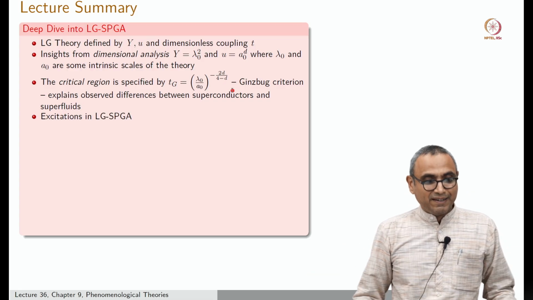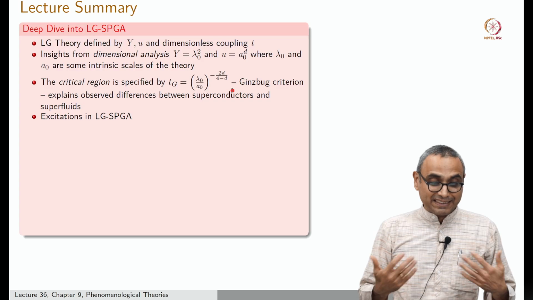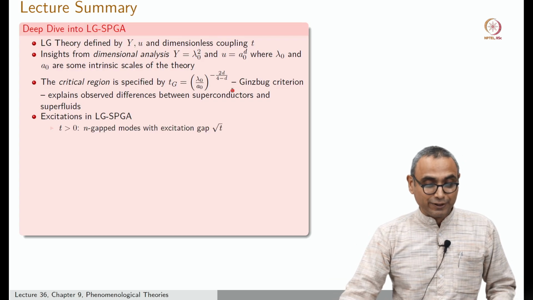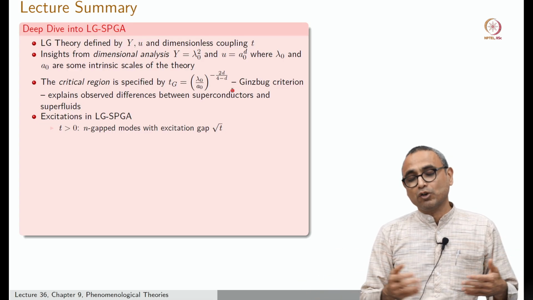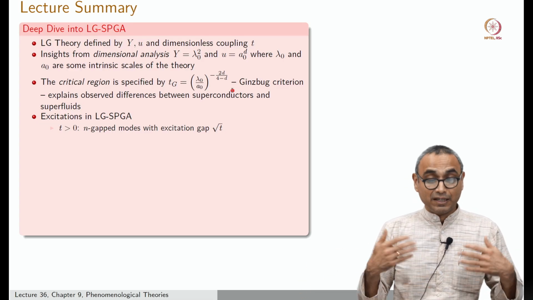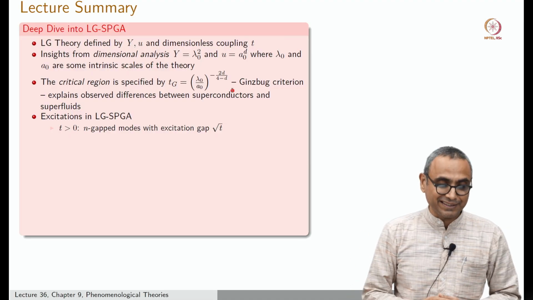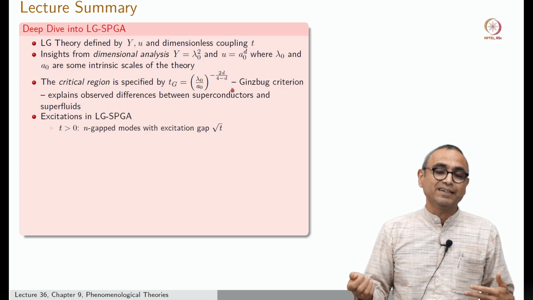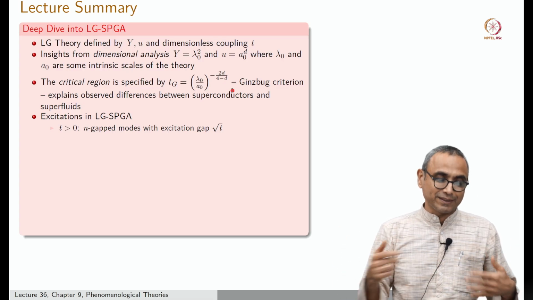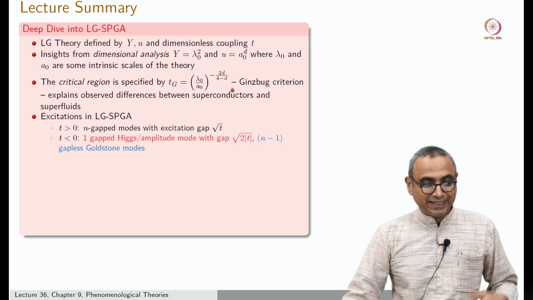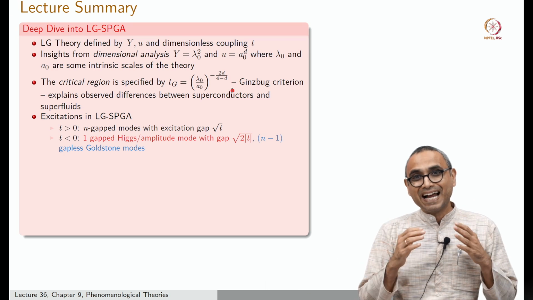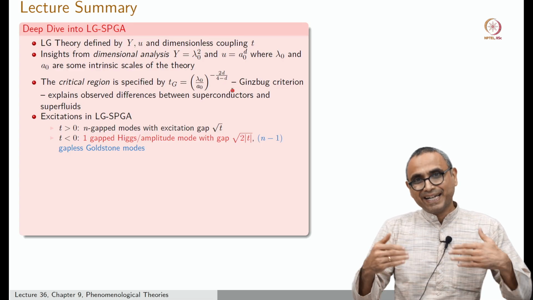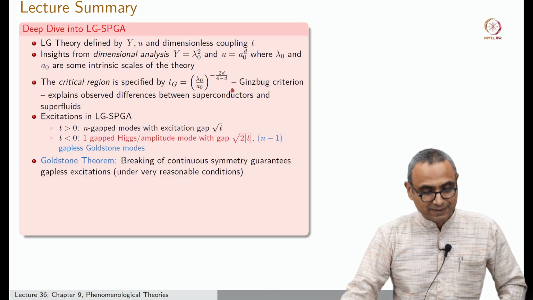We explored the excitations above the saddle point, and we found that for t greater than 0, on the symmetric side of the transition, there are n gapped modes with a gap that scales as square root t, and they become gapless when you go towards the critical point. And for t less than 0, there is one gapped amplitude mode, which we call the Higgs mode, and n minus 1 gapless Goldstone modes.